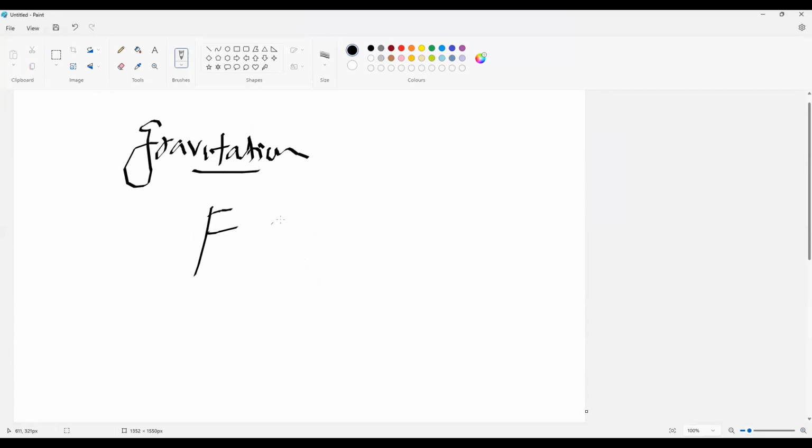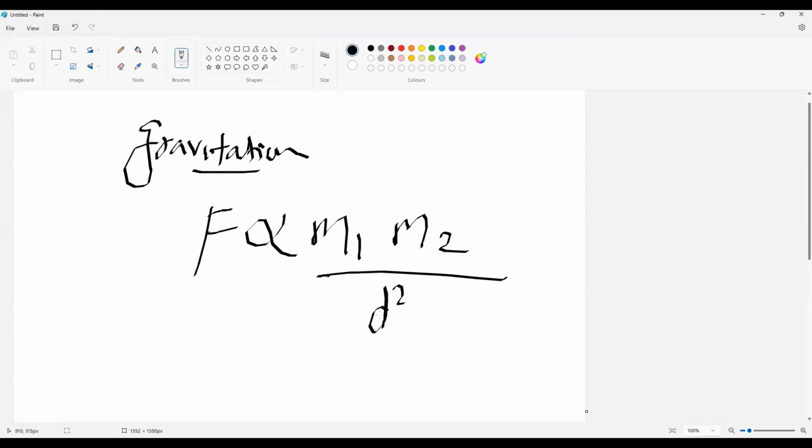Am I right? Force is proportional to m1 m2 divided by D square. What is D square, my dears? Distance between the two.